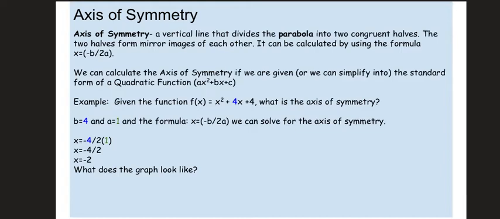So we can calculate the axis of symmetry if we are given, or we can simplify into, the standard form of a quadratic equation, which is a x squared plus b x plus c. If we can get it into this form, we can take the parts and substitute them into the axis of symmetry formula and get our axis of symmetry.